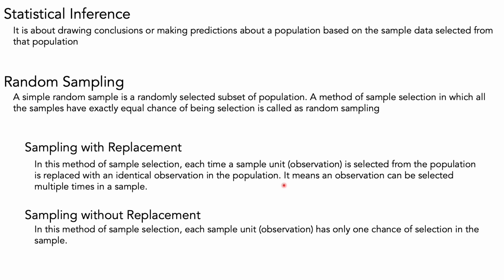If there are yellow, blue and green balls, and we select one yellow ball, we take it out from the jar and refill the jar with another identical yellow ball, so we can select that again, right? We can keep on selecting that sample. So one observation has multiple chances of selection in sampling with replacement, because we keep on replacing the one that we have already selected, right?